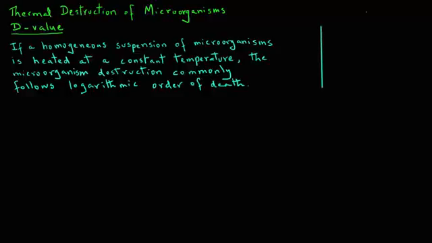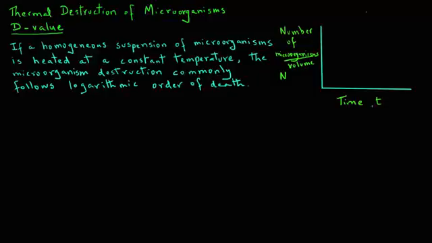So let's make a plot of number of microorganisms per unit volume. We will give it the symbol N versus time, and we will use the symbol T. So if we plot the number of microorganisms in this unit volume when it is heated at a constant temperature, we will obtain an exponential plot as shown in this diagram.